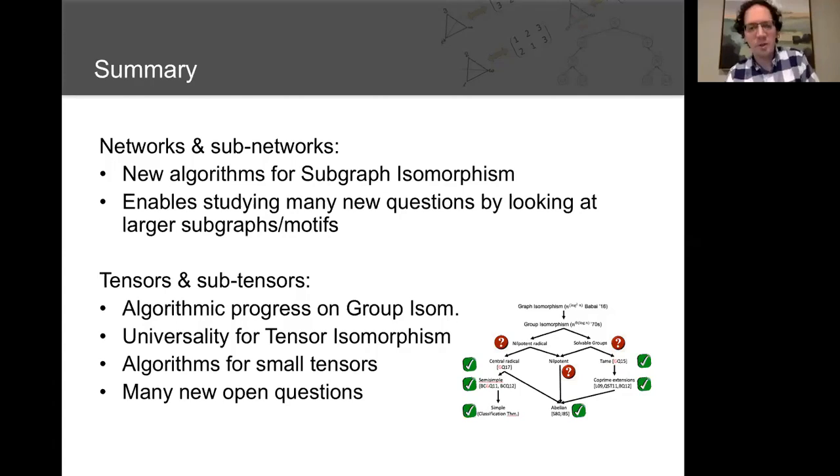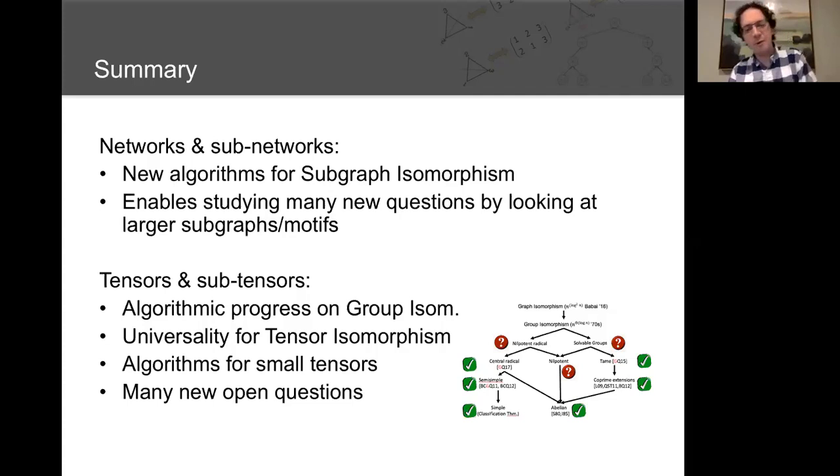I see. No, sorry. I may have said something that was a little confusing at one point. So group isomorphism, I think one way to think about it that's accurate is it's a special algebraic subcase of graph isomorphism. There are certainly instances of graph isomorphism that seem totally unrelated to anything having to do with group isomorphism.